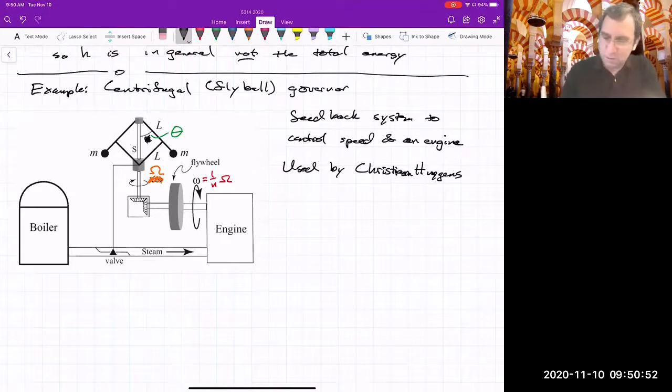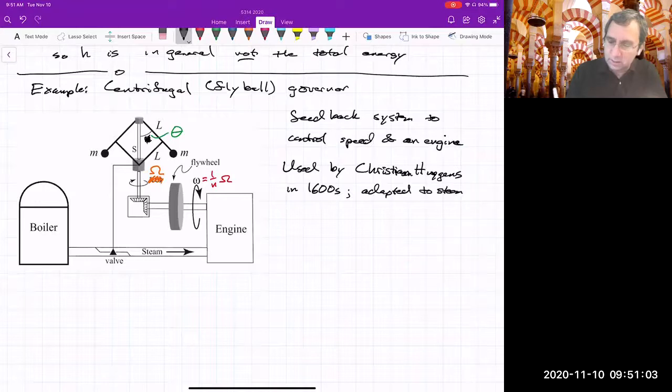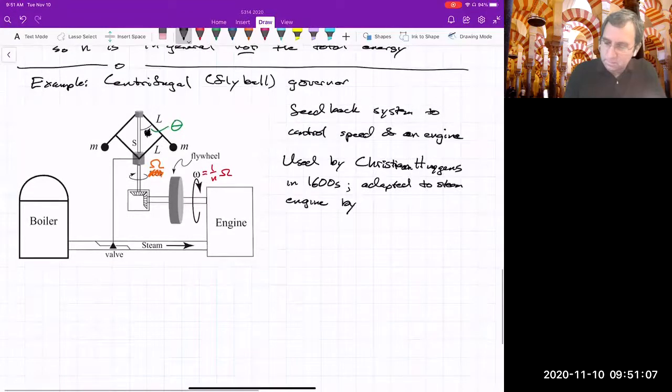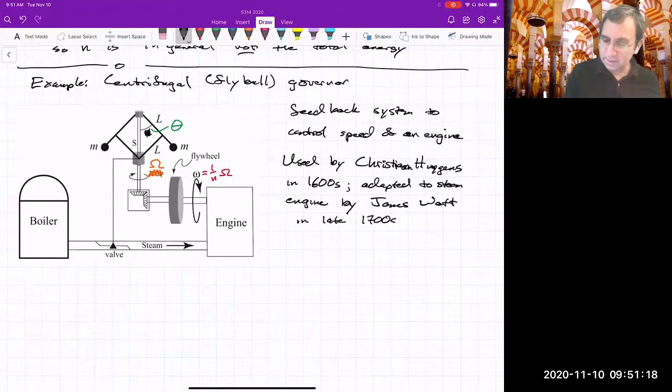So there was a Huygens probe. He looked at this in the 1600s, but the main one that people remember is that it was adapted to the steam engine by James Watt. I think Christian Huygens was Dutch, and James Watt, I think, was Scottish. And that's where we get the term for power, watt.